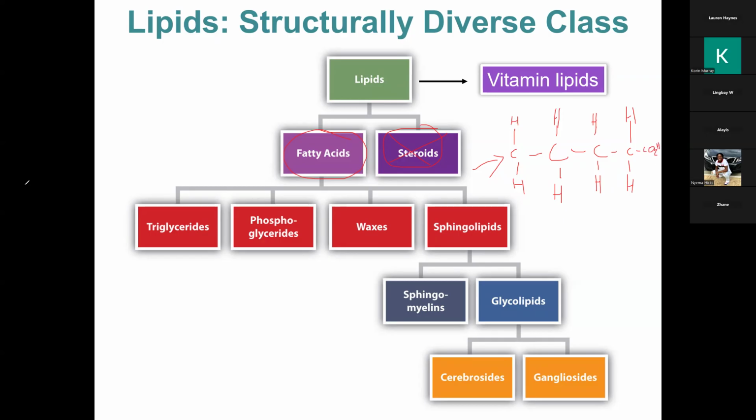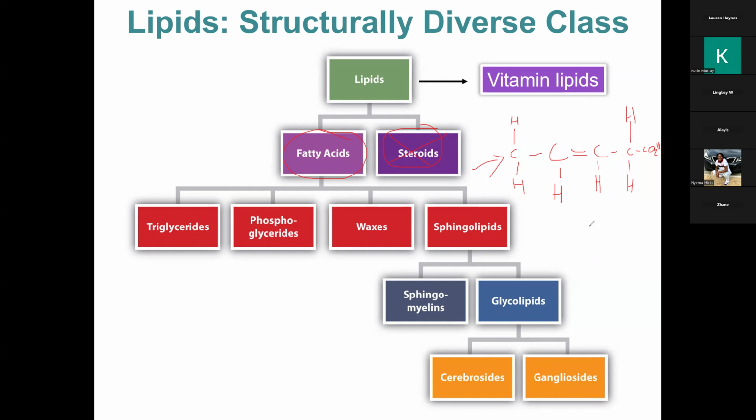But it can be unsaturated if we remove some of those hydrogens and put in a double bond. If you remove some of that hydrogen, it's no longer saturated, and what replaces the hydrogen is a double bond.